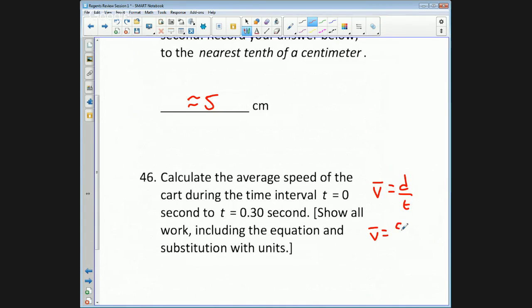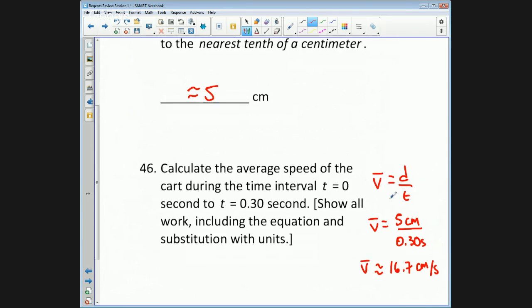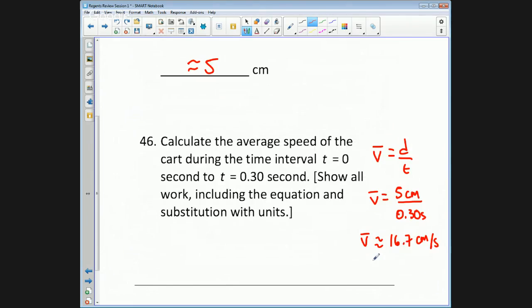If our distance is 5 centimeters and our time is 0.30 seconds, we get an average speed of 5 divided by 0.30, which is approximately 16.7 centimeters per second. If you want to turn this into meters per second, all we have to do is divide by 100, which would be 0.167 meters per second. Okay?